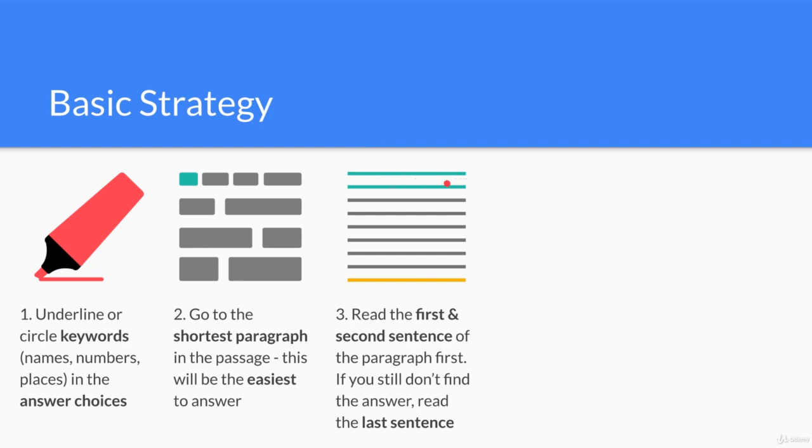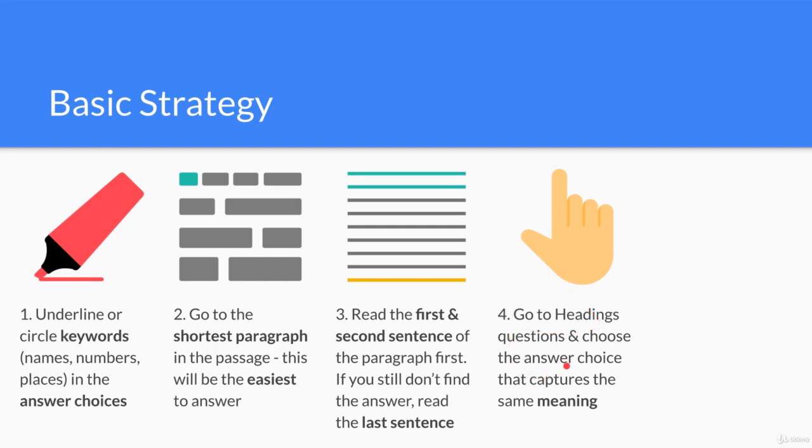You've already solved the question and you can move on to the next paragraph. However, if you don't find the answer after reading the first two sentences, then you should move on and read the final sentence. Usually you will be able to find the answer after just reading the first two sentences, but if you still don't find the answer, then it makes sense to read the last sentence in the paragraph.